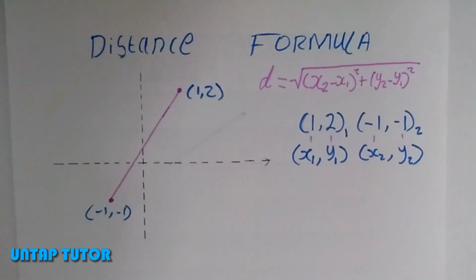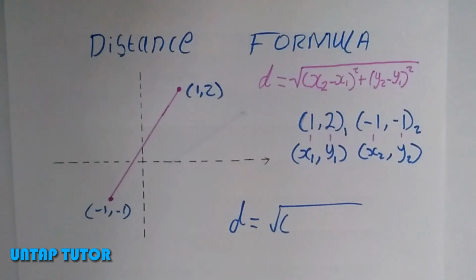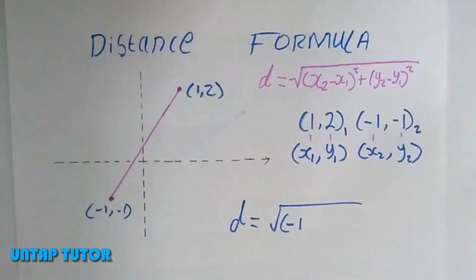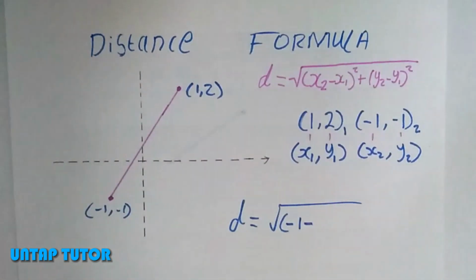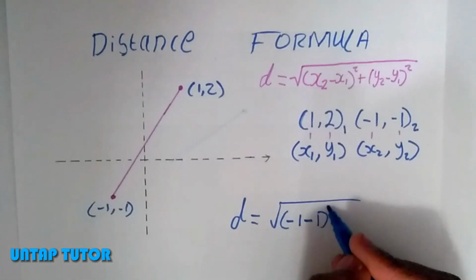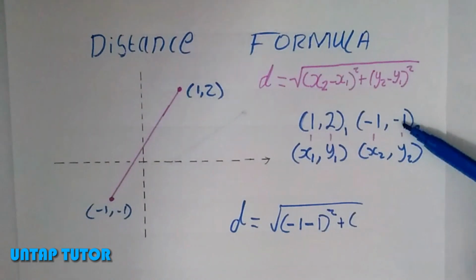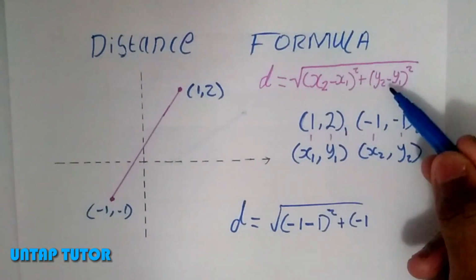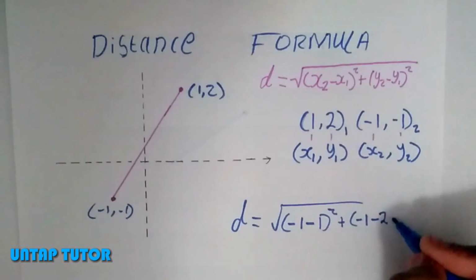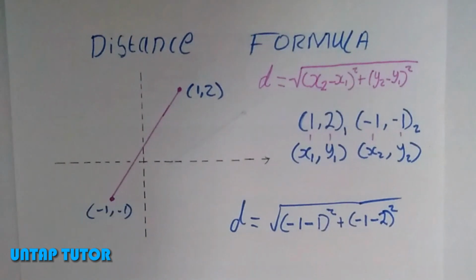So applying the distance formula, d is equal to the square root of: our x2 is -1, so it's going to be -1, and then the distance formula says minus, and our x1 is 1, so it's -1 minus 1, close bracket, squared, plus, open bracket, our y2, which is -1, minus our y1, which is 2, close bracket, squared. At this point, you can punch everything into your calculator and you can get the final answer.